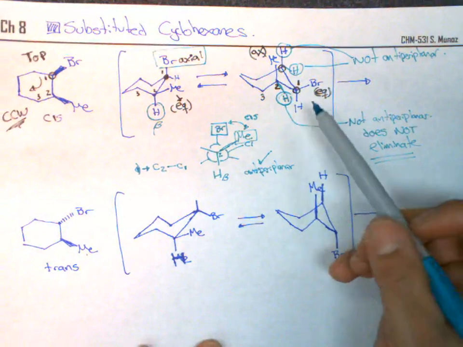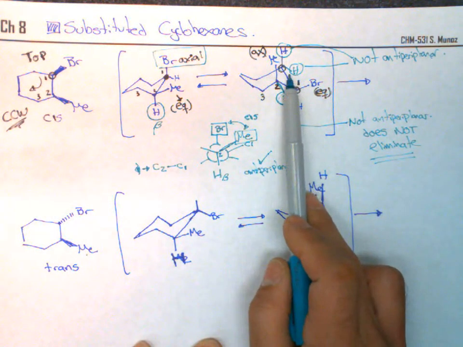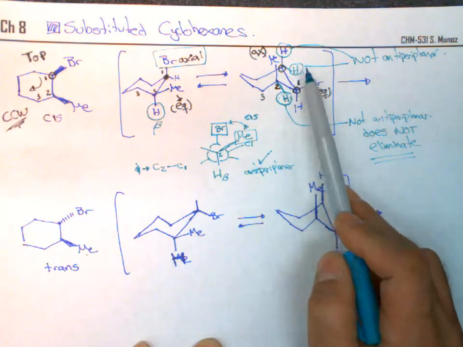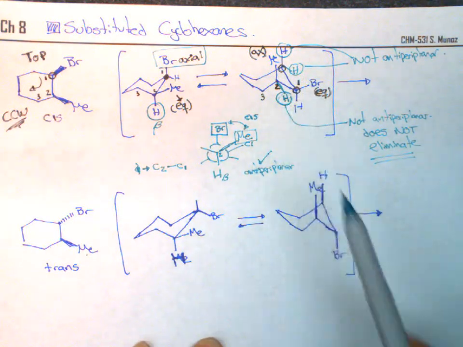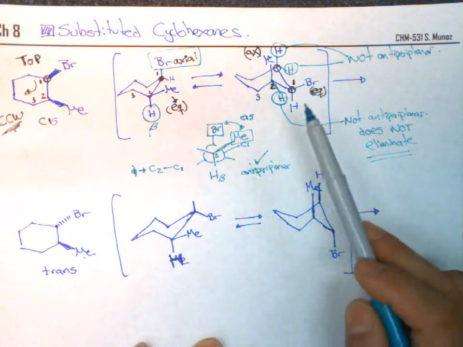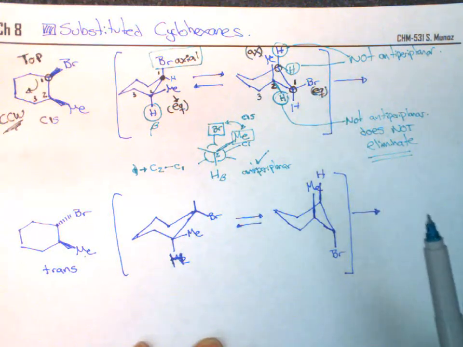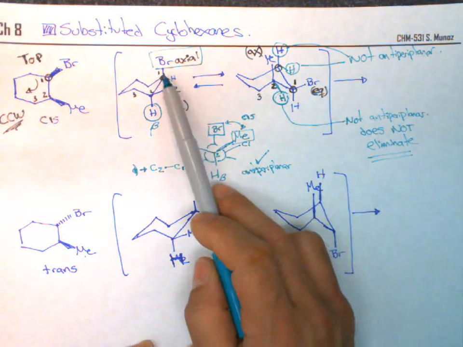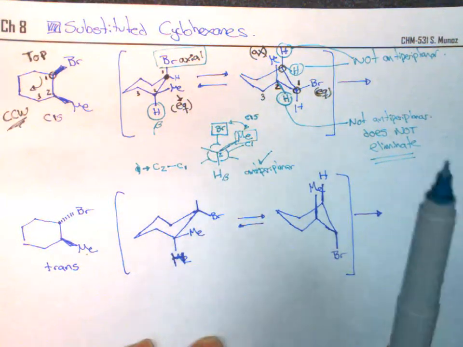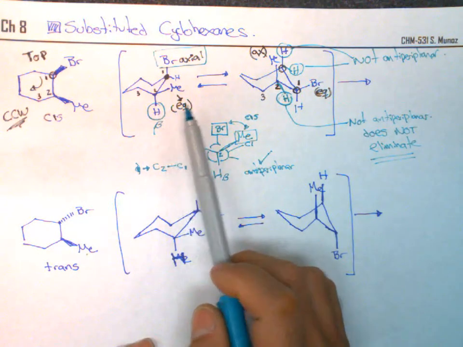And you can try as much as you can to draw Newman projections of these other beta hydrogens, and you will see that neither this one, nor this one, is going to end up anti-periplanar to the halogen atom. You try on your own and you will see that it's not possible. The only way for that to be possible is that you set your halogen atom in the axial position. And only after that, check which hydrogens are able to eliminate.